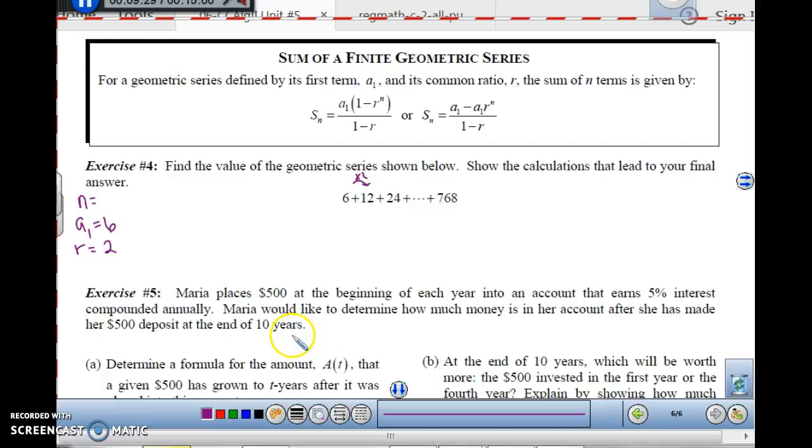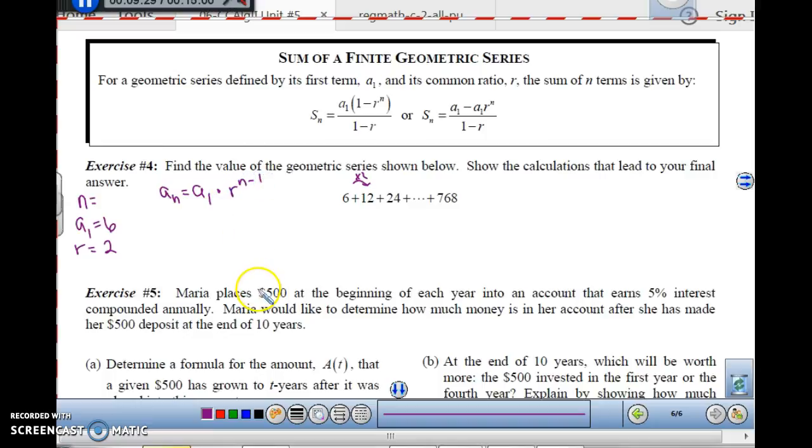Now, to figure out n, we need to know what the number term in the sequence is, so we're looking for a of n. Remember, the formula for a geometric sequence is the first term, a of 1, times r to the n minus 1.